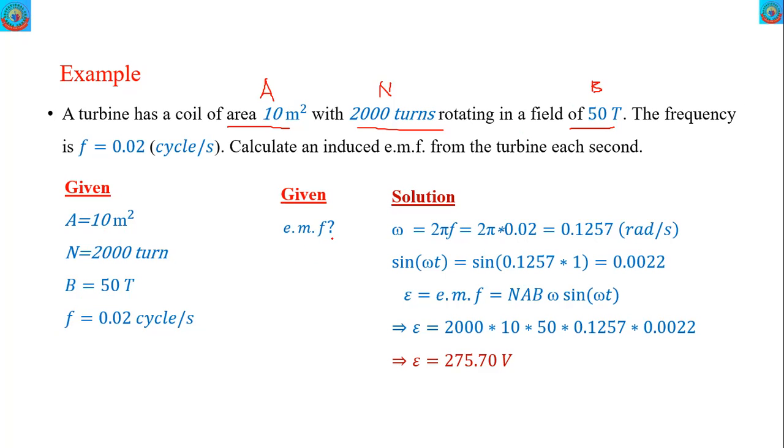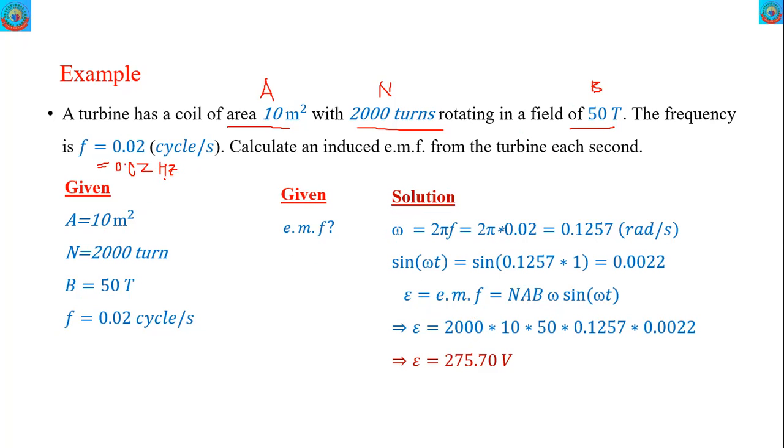So the formula for e.m.f. is equal to NAB omega sin omega t. So that omega is 2 pi f. 2 pi times f, where f is 0.02 cycles per second, or we call it 0.02 hertz.